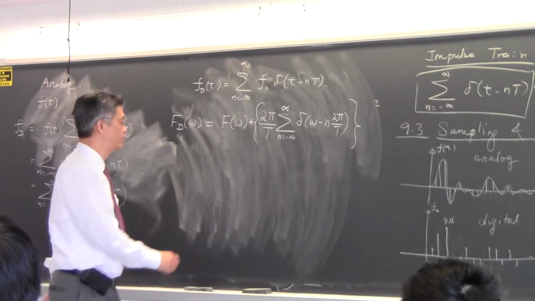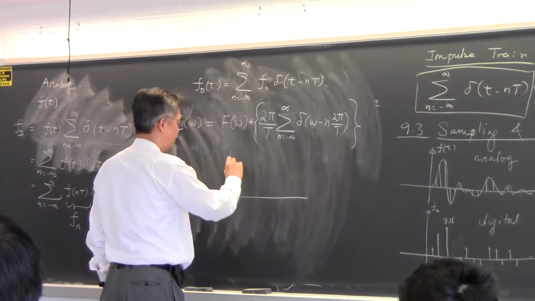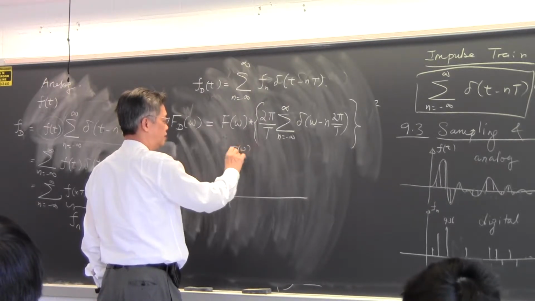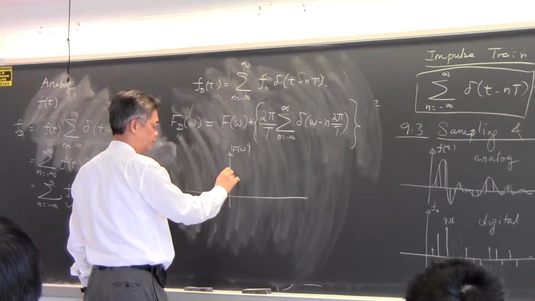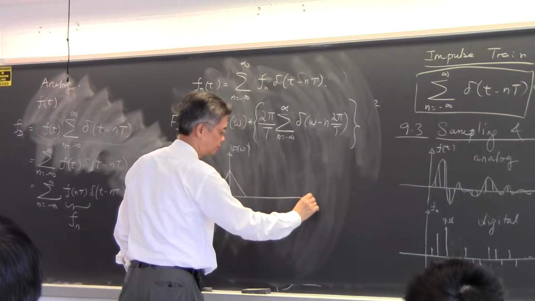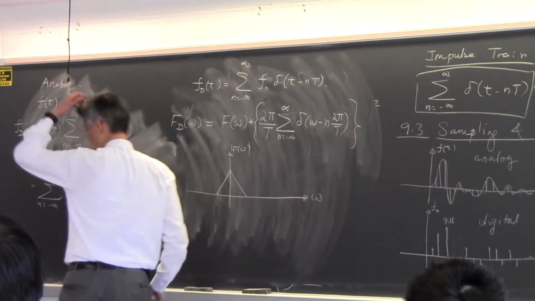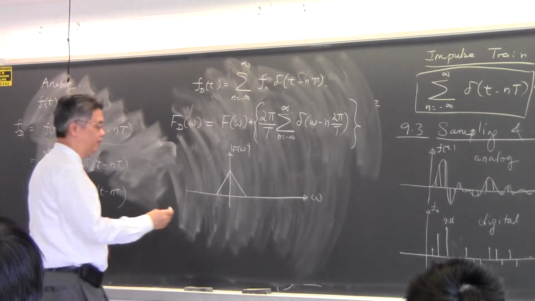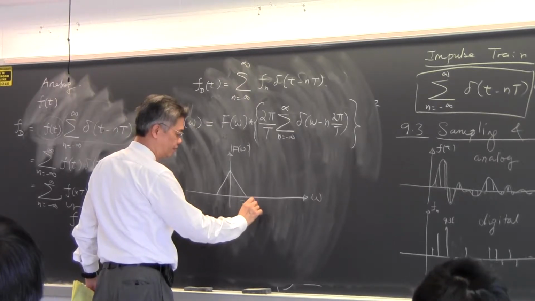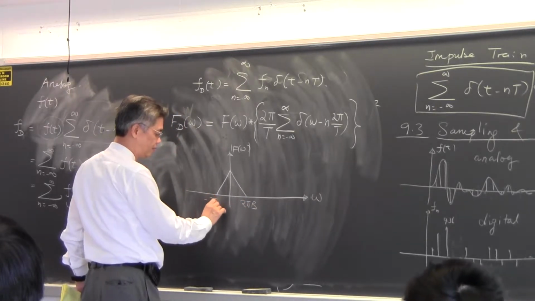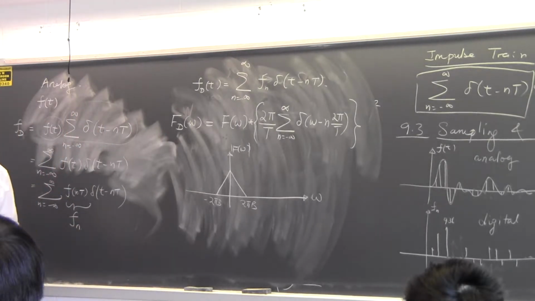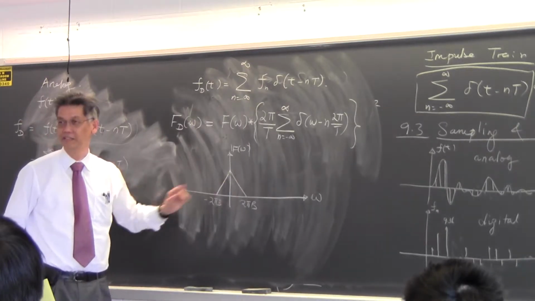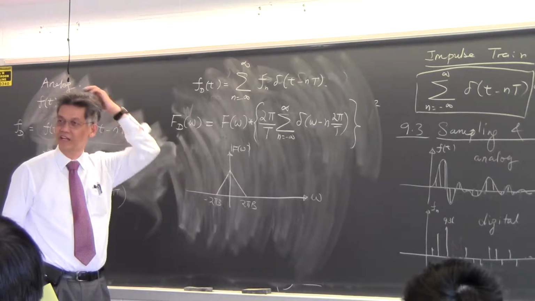Let's assume that the original spectrum F of omega looks something like this, and it has a bandwidth of B, so the signal vanishes outside this bandwidth. It can be other shapes, that's fine. A triangle is the easiest to draw, so I draw a triangle.